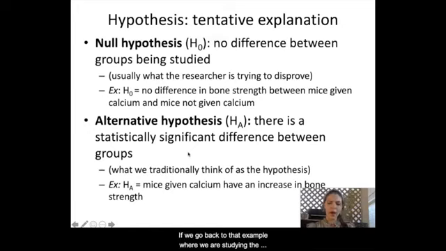Okay, so if we go back to that example where we're studying the effects of calcium on bone strength, the alternative hypothesis would be that mice given calcium have an increase in bone strength. Okay, so this is what we traditionally think of as the hypothesis, if we just use the word hypothesis, right? This is our educated guess. It's also referred to as the alternative hypothesis.